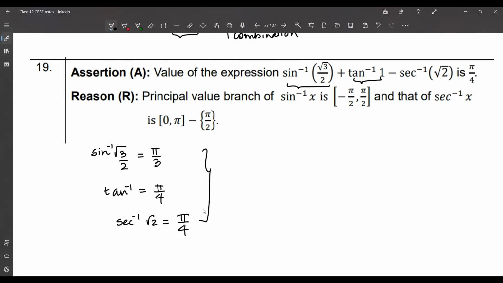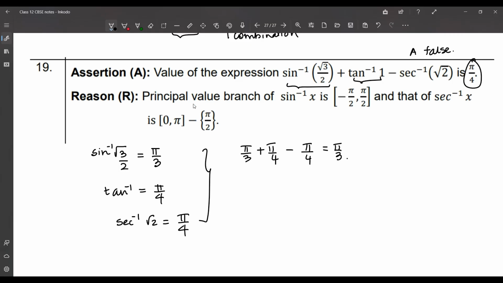So if we add all these, pi by 3 plus pi by 4 minus pi by 4, the answer would be pi by 3. So it is given here as pi by 4. It is incorrect. Assertion is false. So the reason should be true. Assertion is false and reason is true.